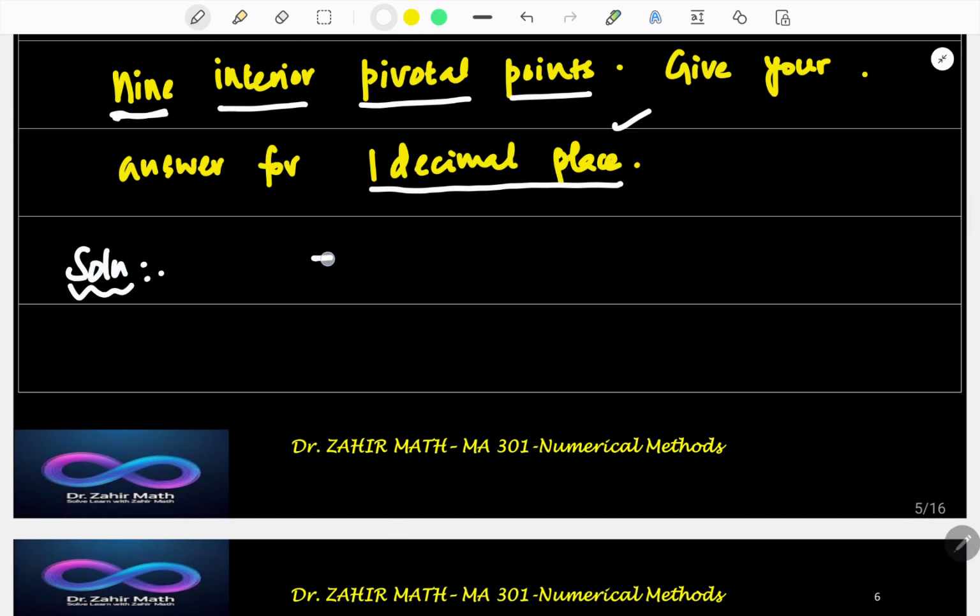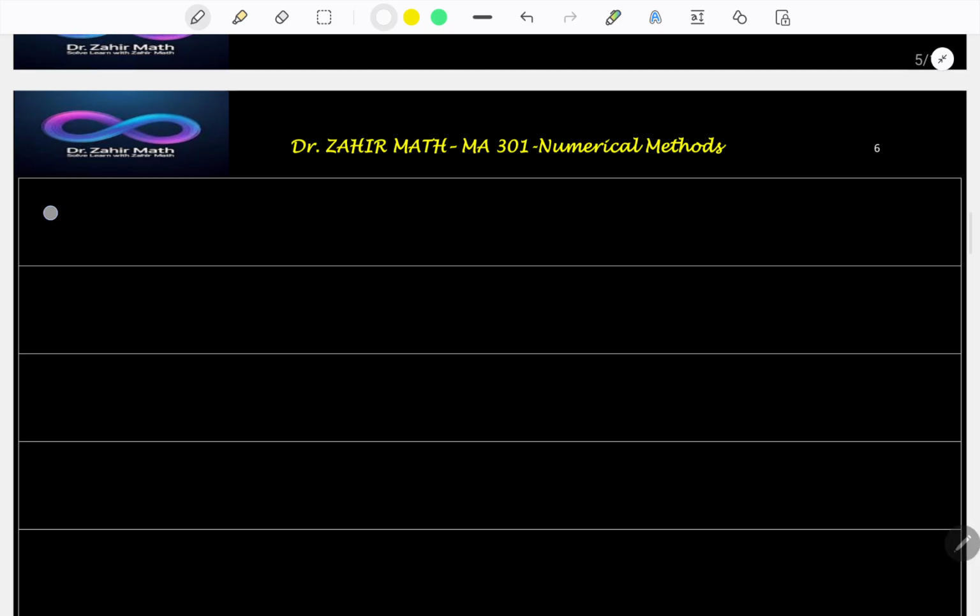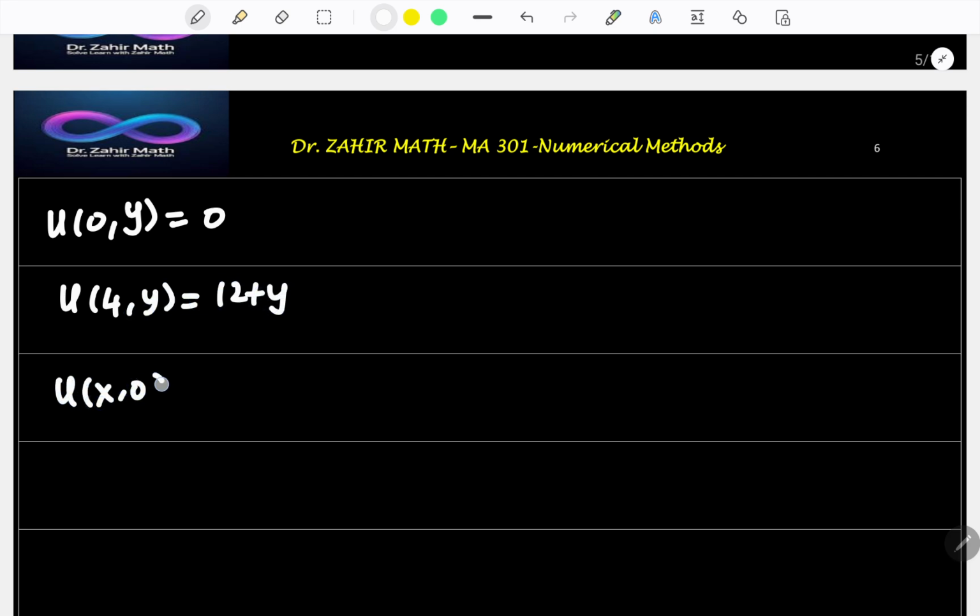So what is given? Laplace equation del square u equal to 0, which is uxx plus uyy is equal to 0. The details given are u of 0 comma y is equal to 0 and u of 4 comma y is equal to 12 plus y and u of x comma 0 is equal to 3x and u of x comma 4 is equal to x square.